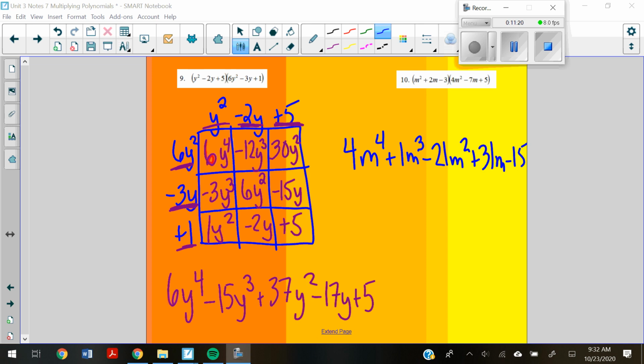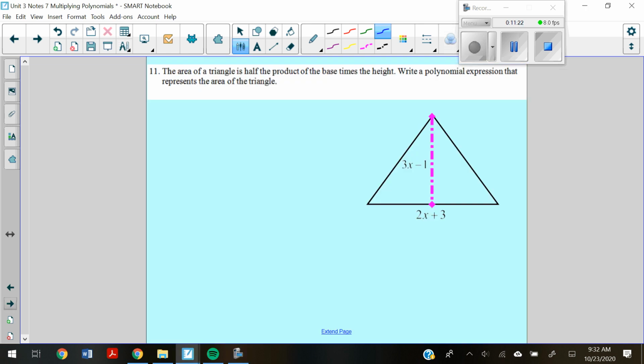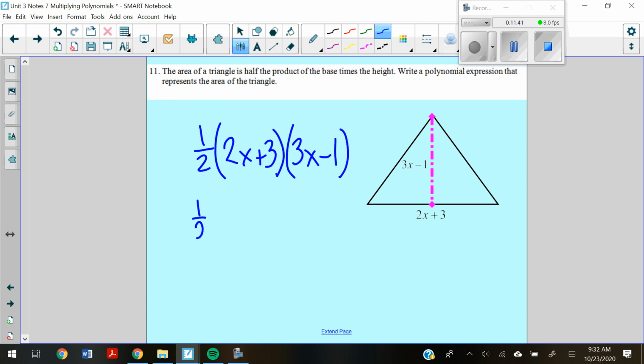Okay, then 11. The area of a triangle is half the product of the base times the height. Write a polynomial expression that represents the area of the triangle. So 1/2 times the base, which is 2x plus 3, times my height, which is 3x minus 1. I'm going to multiply my binomials before I worry about multiplying by the 1/2.